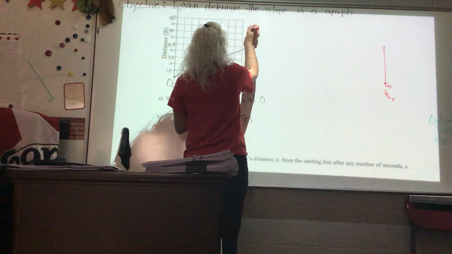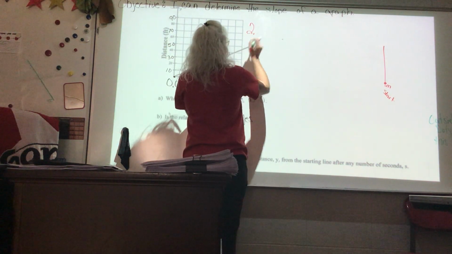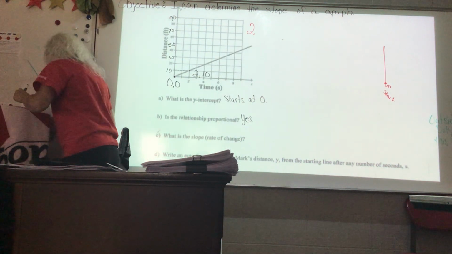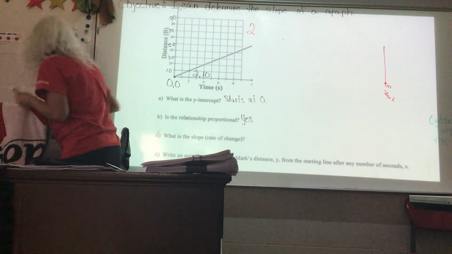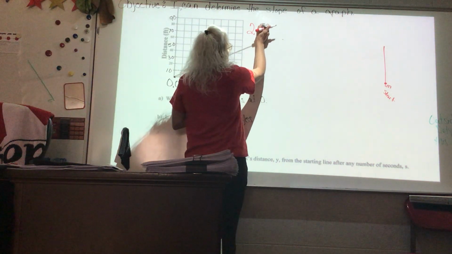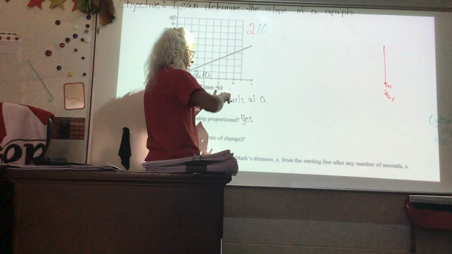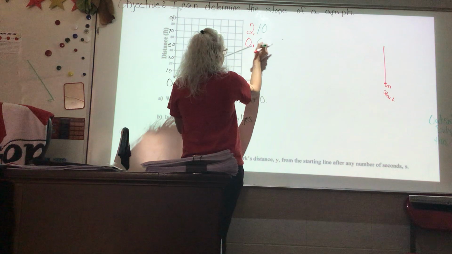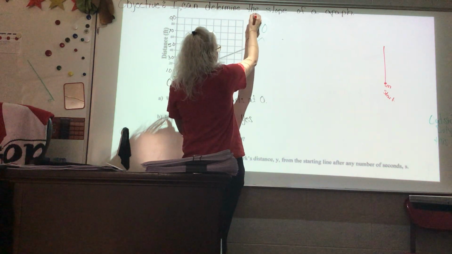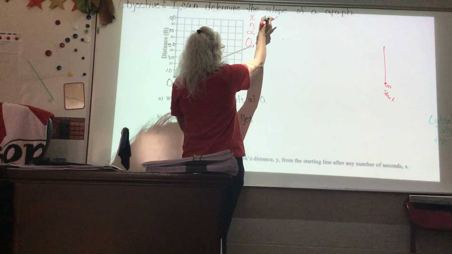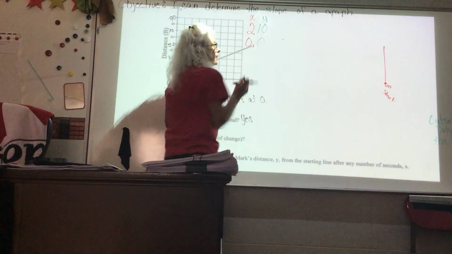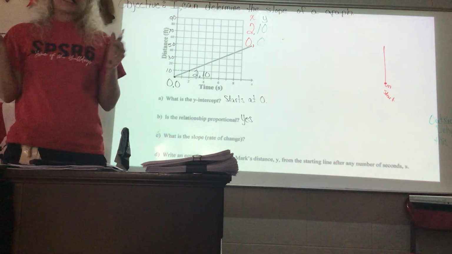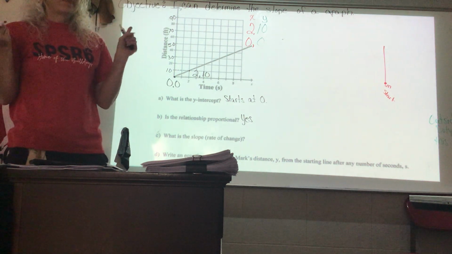So I have point 2, comma, 10. And then we have point 0, comma, 0. Make sure you label this as your X, that is your Y. Some of you, when I went back to look at Julia's paper, I did not see this on your paper.